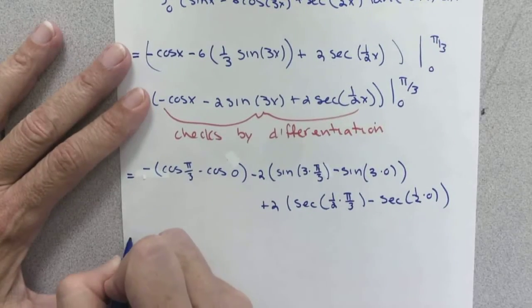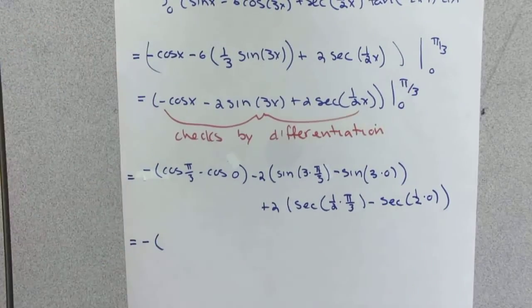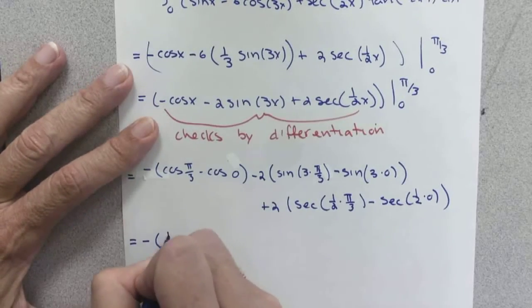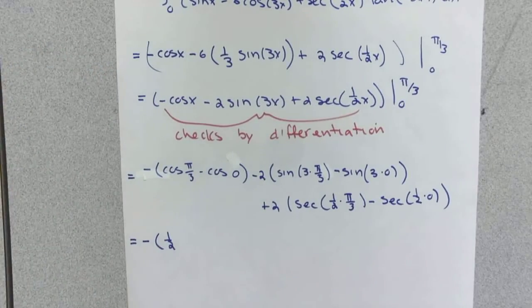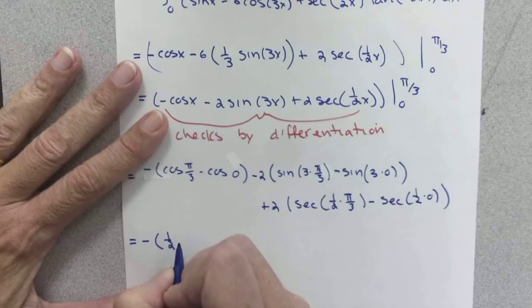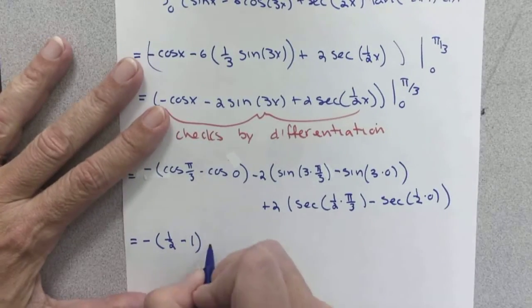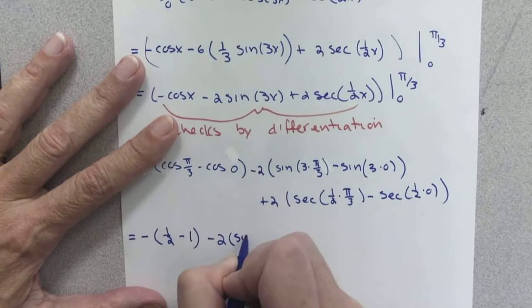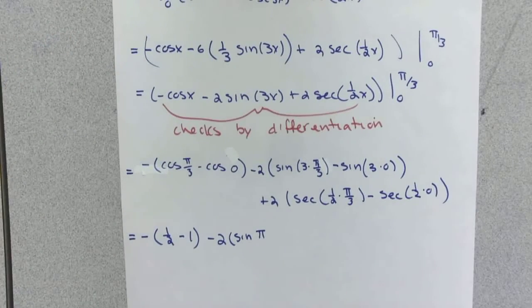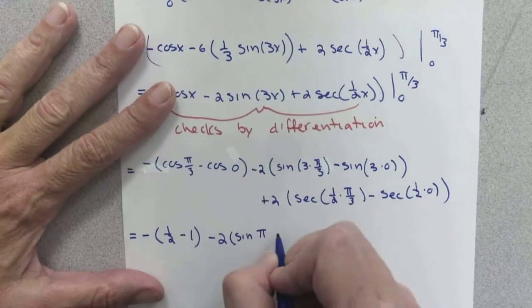So now starting to do some evaluation here. Cosine of pi over 3, 1/2. Cosine of 0, 1. Minus 2 times, and then showing all the steps here because it's trig, 3 times pi over 3 would just give me pi, so I'm going to have sine of pi there.